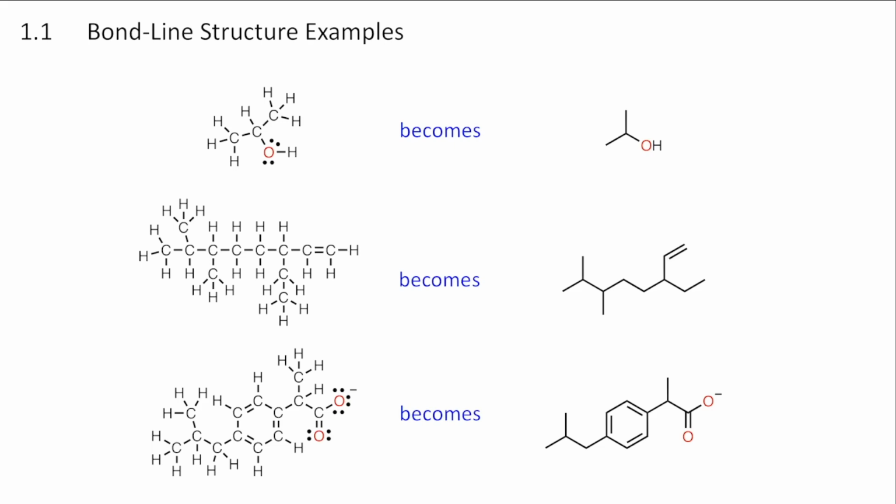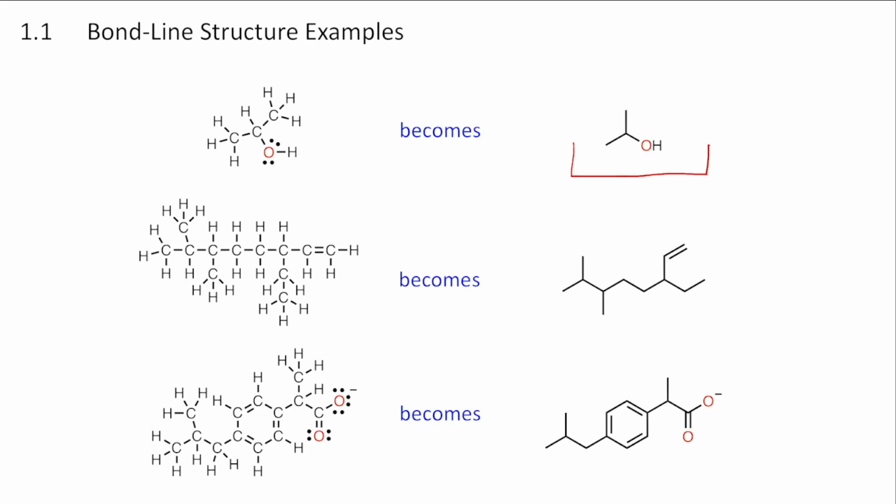So here are some examples. In the first case, which is 2-propanol or isopropanol, you can see the simplified bond line structure on the right. First of all, it has no lone pairs. There's no carbon atom symbols, and none of the hydrogens attached to the carbons are drawn in, either the CH bond or the hydrogen symbols.